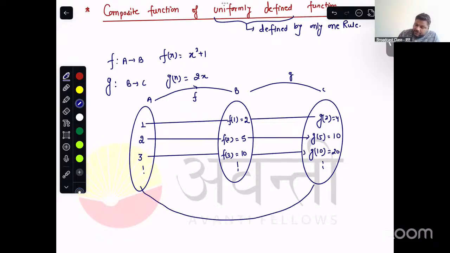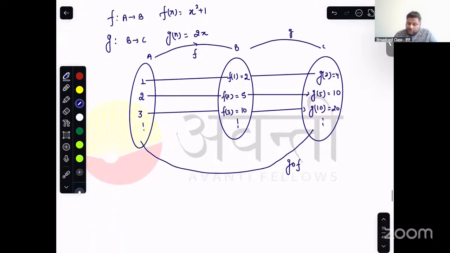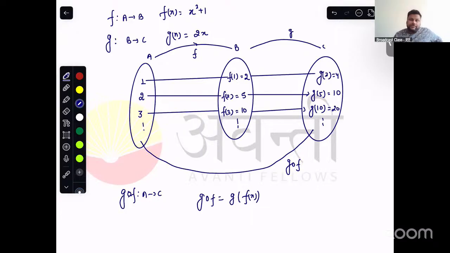Now this composition that you see here, this is what we call gof. Am I clear? So gof is defined from what? From A to C. And what do we call gof? gof is what we call g of f(x), function of function.